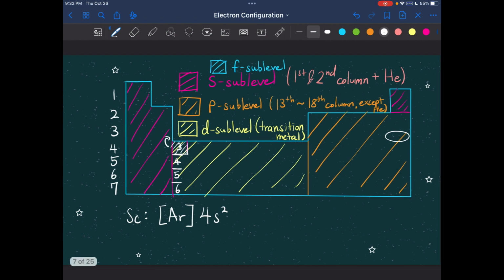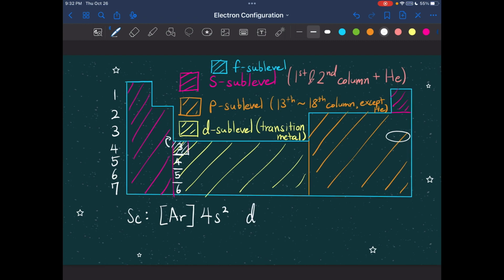But when you get to the D block, this is strange, okay? The D block actually time travels one row down, which in this case, instead of 4, it becomes a 3, okay? It becomes a 3, not a 4, but a 3 with 1. I'm telling you this because a lot of people, instead of 4s2, put 4d instead.